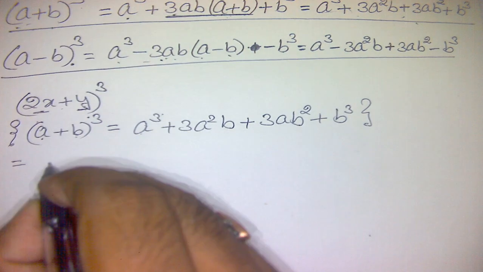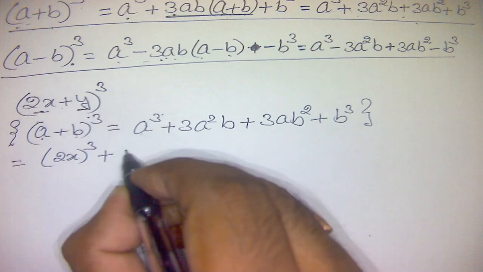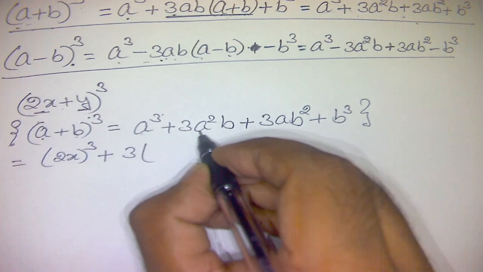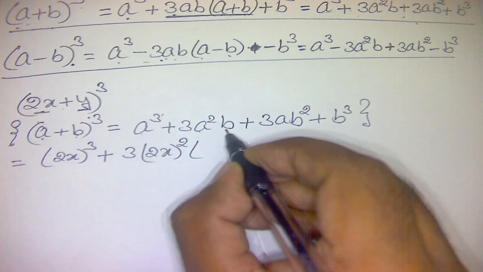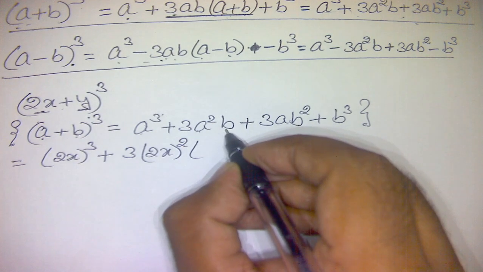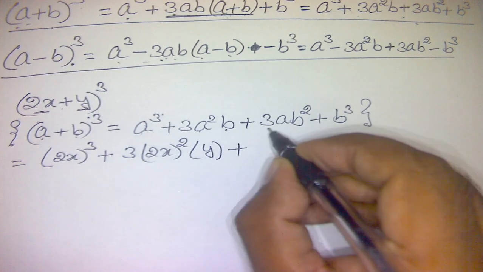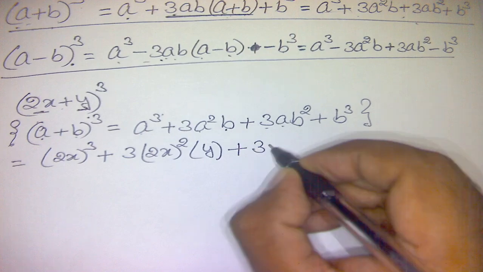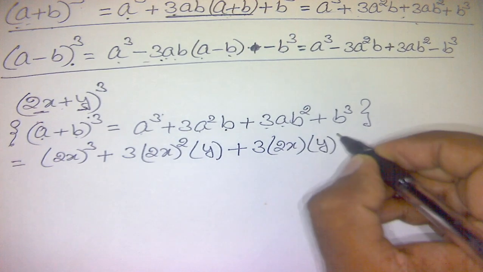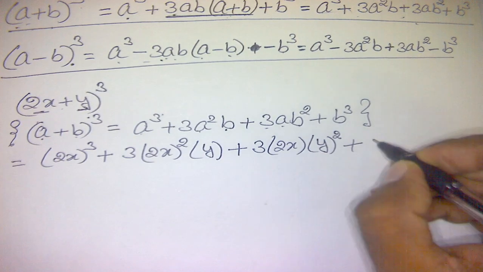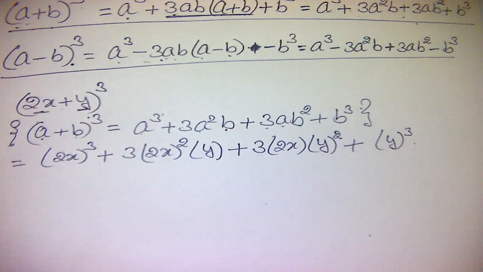A cubed, it is cube of 2x, plus 3 multiply a squared, that is square of 2x, multiply b, that is y, and then plus 3ab squared, 3 multiply 2x multiply square of y, and plus b cube, this is cube of y.